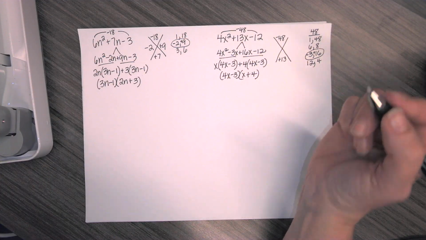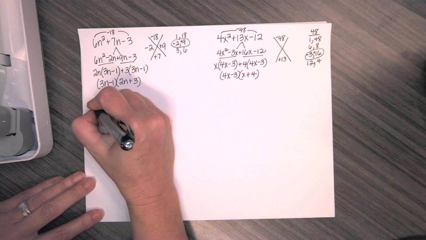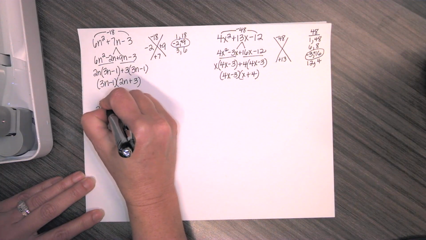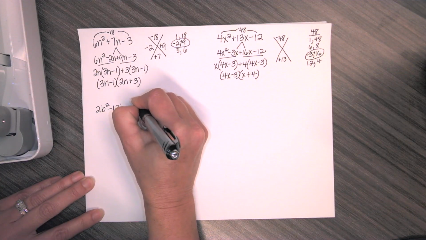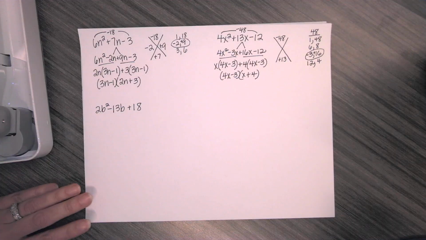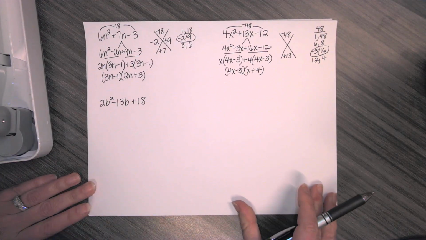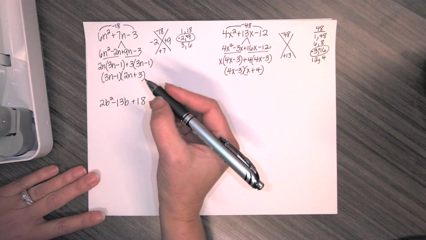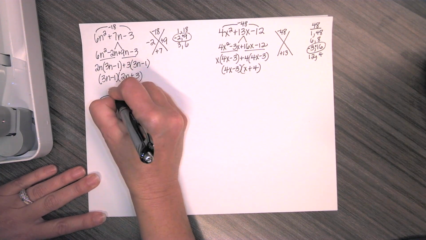Now, what about this one? 2b squared minus 13b plus 18. All right. Do I have a greatest common factor for all 3? I do not. So I'm going to proceed to the AC method. I'm going to multiply the 2 and the positive 18.